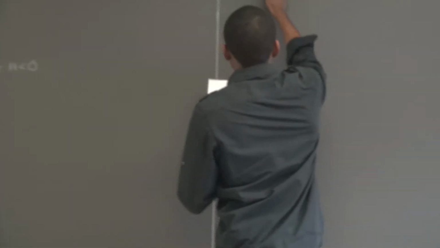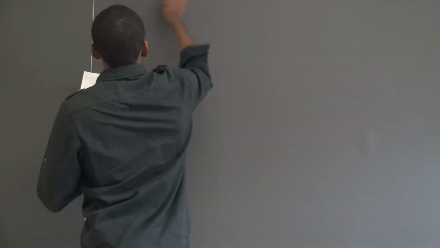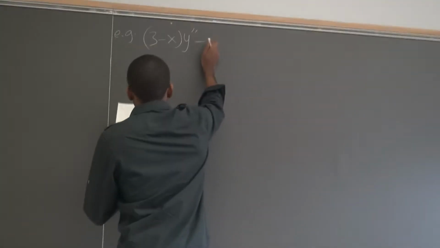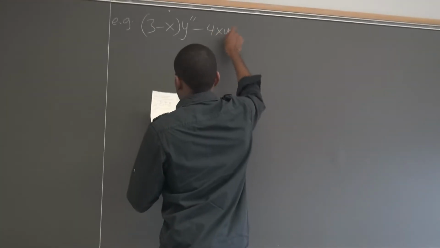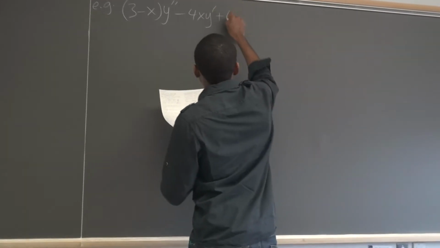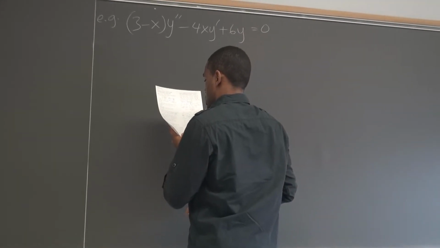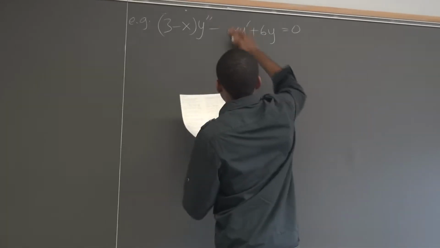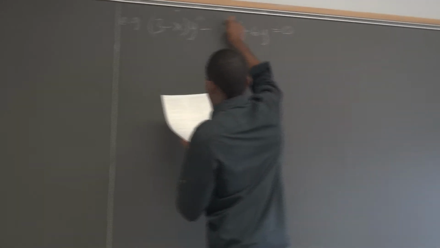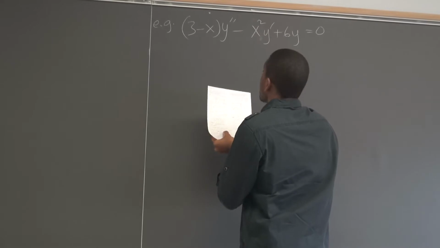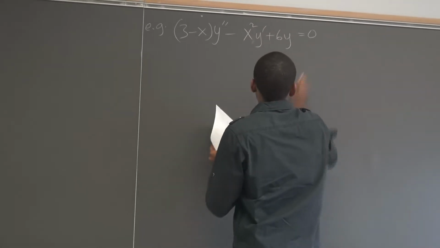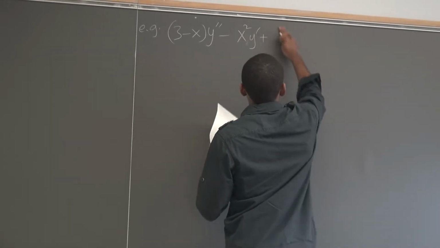let's redo that example from the final. No, that was not it. This was x squared. x squared and 1 plus x.